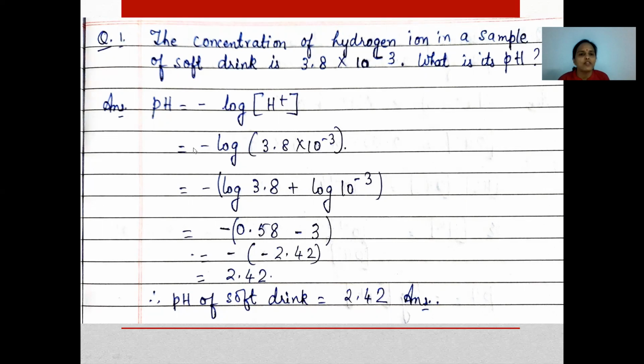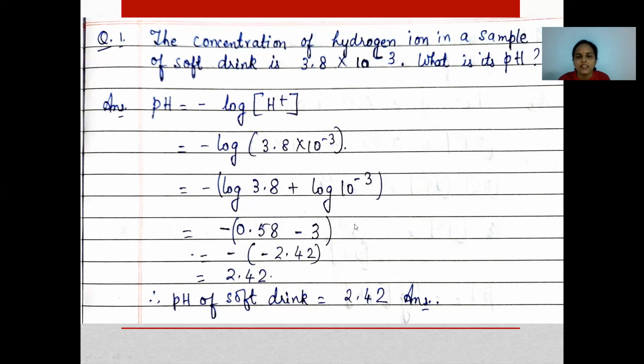So we'll put the value, pH is equal to minus log 3.8 into 10 raised to minus 3, which is equal to, in log we know multiplication becomes addition. So this becomes minus sign outside the bracket, log 3.8 plus log 10 raised to minus 3. So plus log 10 raised to minus 3, this minus 3 comes before this log, it becomes plus minus 3 log 10.